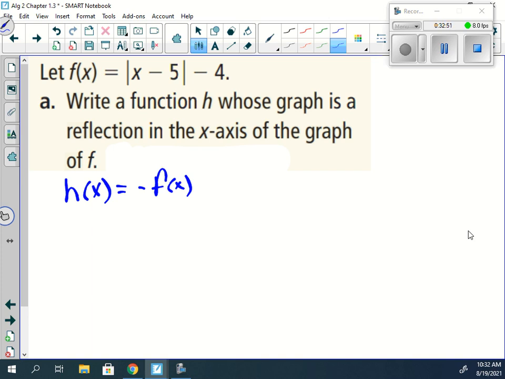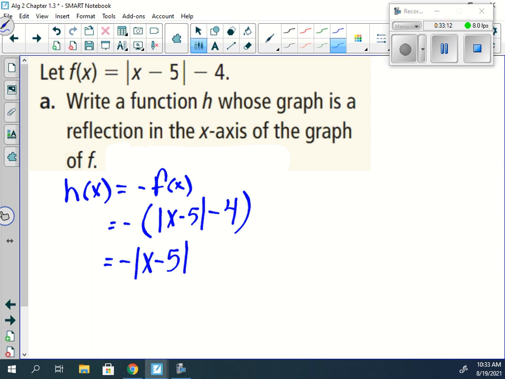So that means we're applying the negative to the function itself. And then we would distribute that negative, which would be negative absolute value of x minus 5 plus 4.